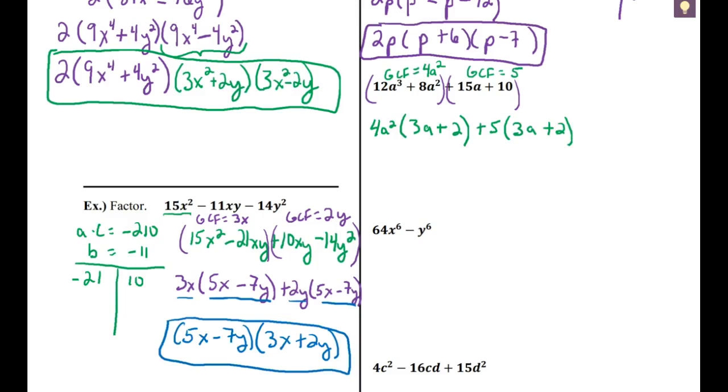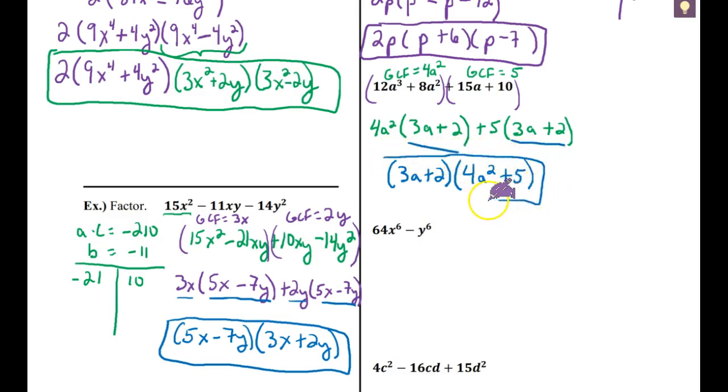If I did it correctly, those should match. And they do. So now the GCF is 3a plus 2. What's left when I divide those out? 4a squared plus 5. And there you go.